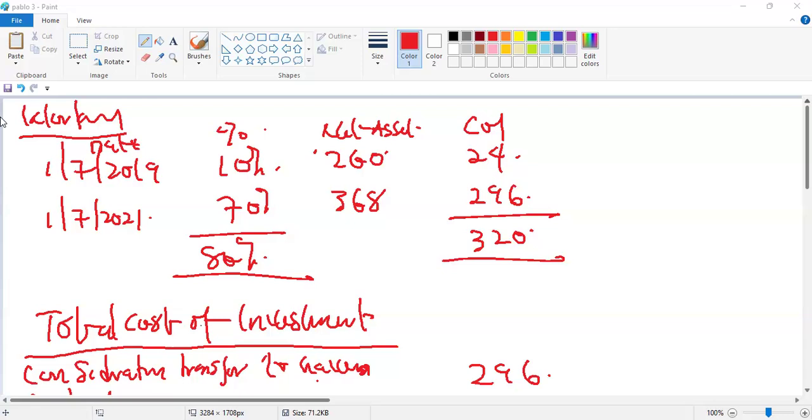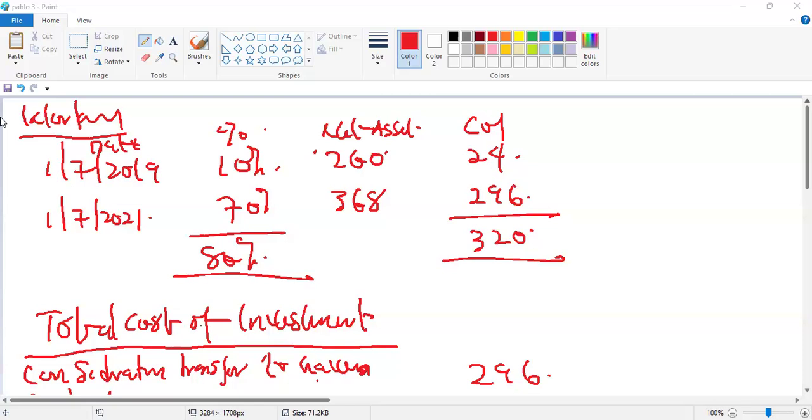ETOP Limited acquired 40% of the ordinary shares in Lowland on 1st April 2013 for a cash consideration of 2.5 when the retained earnings stood at 360. It then acquired a further 30% interest in Lowland on 1st April 2019 for a cash consideration of 200 million, when the retained earnings of Lowland amounted to 860, and the fair value of the previous 40% in Lowland was now 3 million.